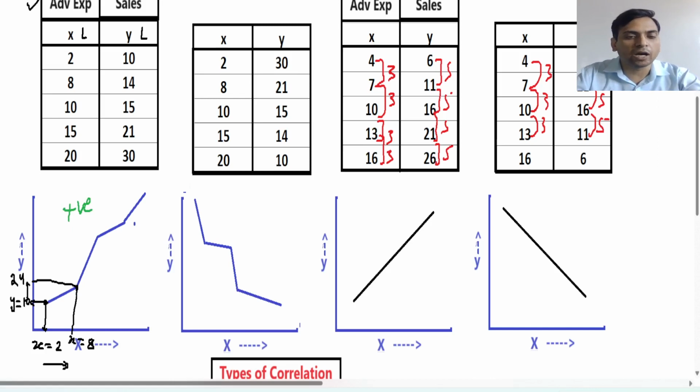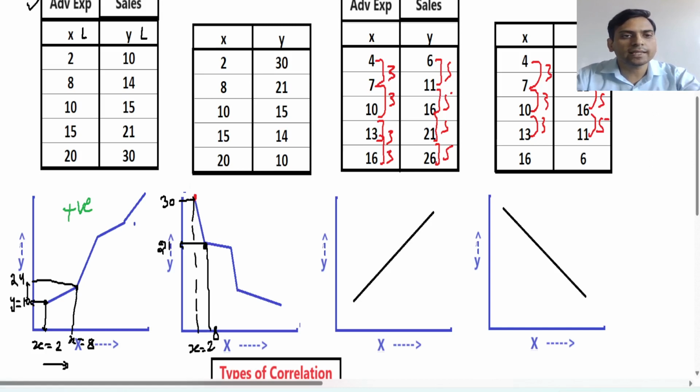And now in the second graph, there is a negative pattern. Negative pattern means a downward sloping pattern. If we focus on the first value, the location of the first value, suppose this is X equal to 2, and the corresponding value of Y is suppose 30. Now on the second location, X is equal to suppose 8 and Y is equal to 21.